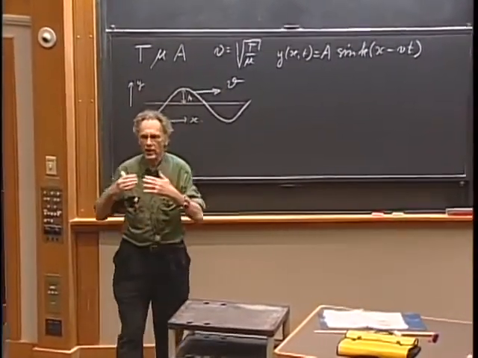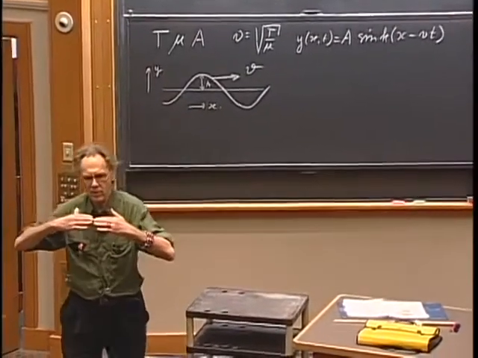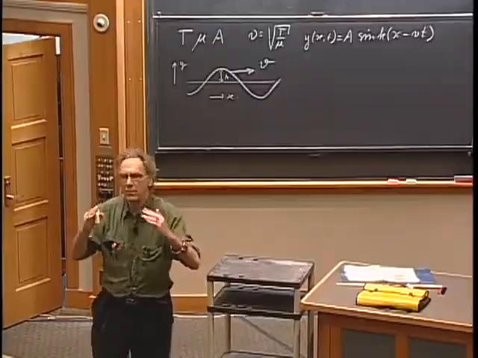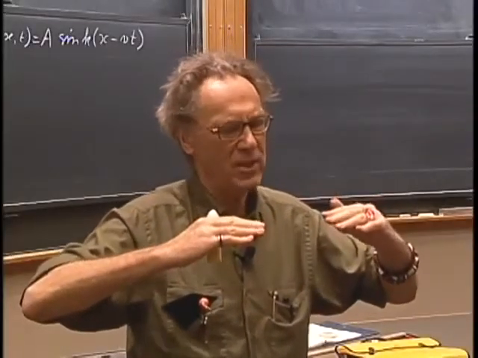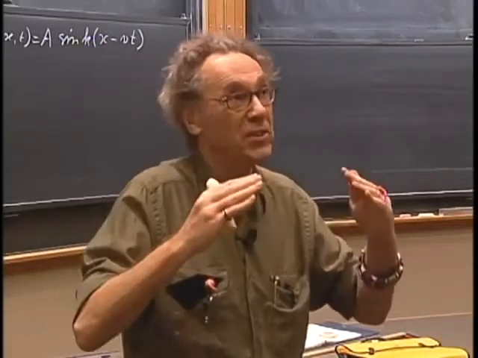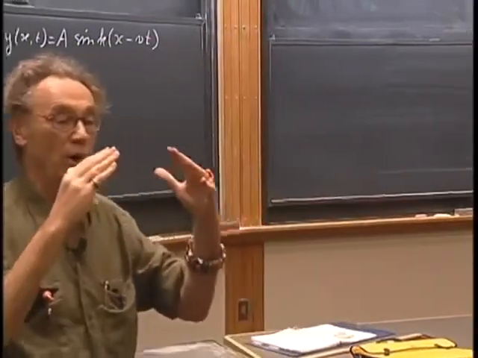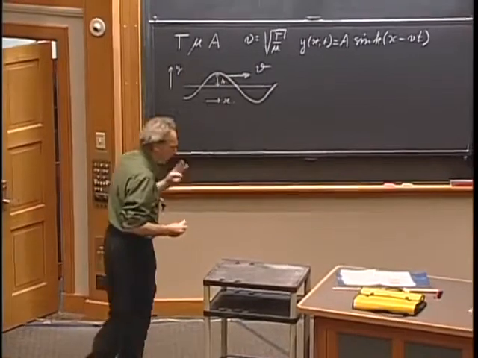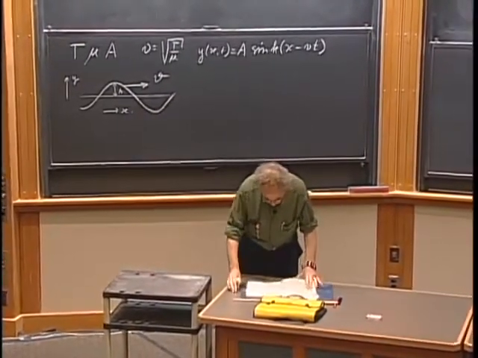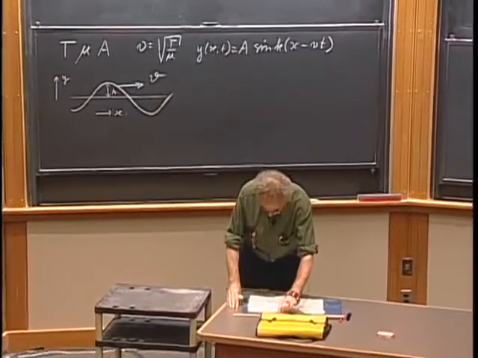There is potential energy due to the fact that I have to give this straight string a shape. In order to give it that shape, I have to do work. There is a tension, and I have to stretch the string. That's why I have to do work to give it that shape. So it comes in two parts. And I will only do the kinetic energy part, and I will leave you with the potential energy part.